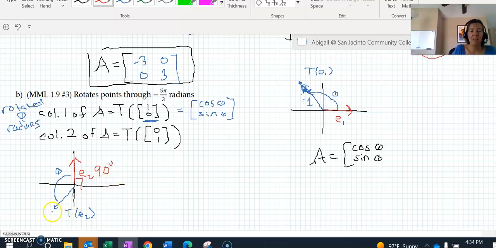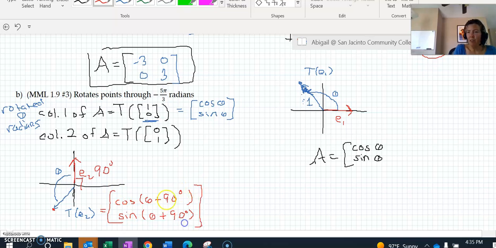So T of E2 here is actually going to be, the x-coordinate will be not cosine of theta, but cosine of the theta radians here plus 90 degrees. And the y-coordinate here will be sine of this angle, which is sine of the angle theta with an additional 90 degrees.